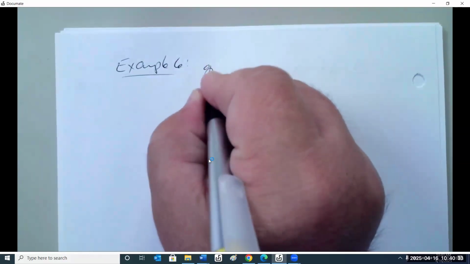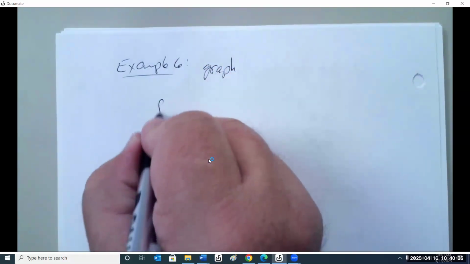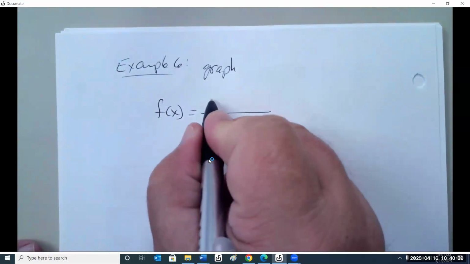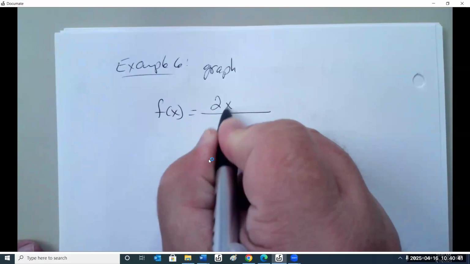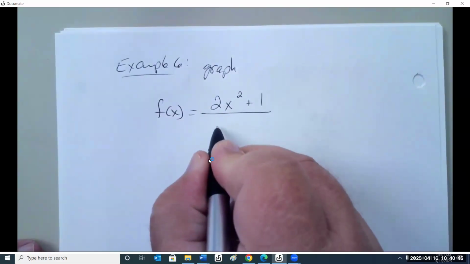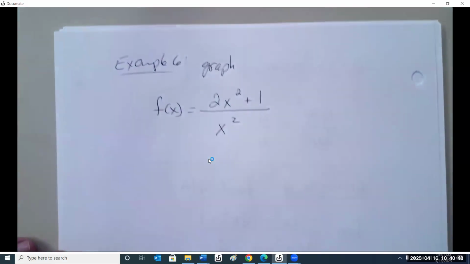Let's graph one. Example 6. Graph this function: 2x squared plus 1 over x squared.